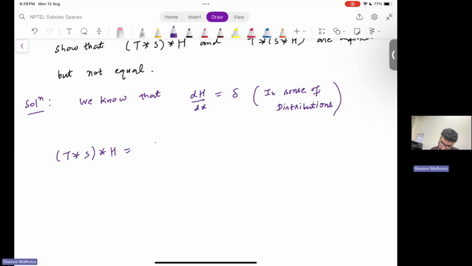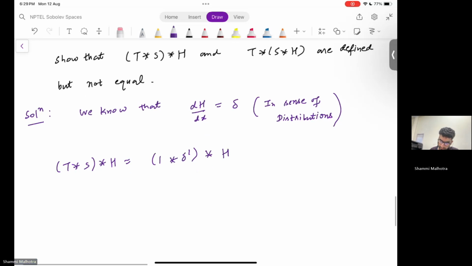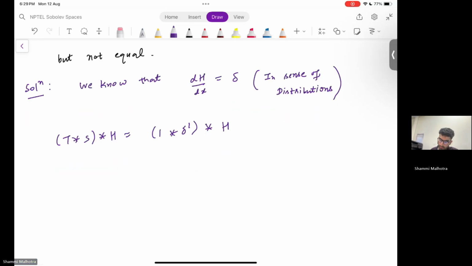What exactly is this one? Convolve with delta dash, all convolved with the Heaviside function. Since delta dash has a compact support, 1 star delta dash is well defined. And since this has a compact support, these can commute.